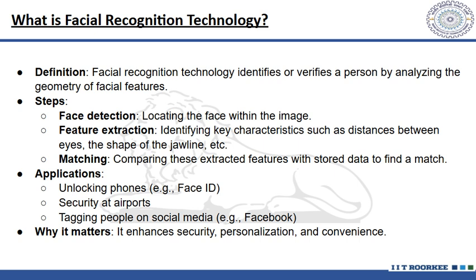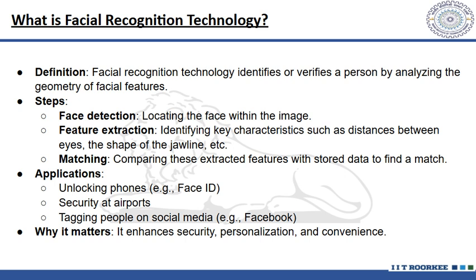Facial recognition technology identifies or verifies a person by analyzing the geometry of their facial features. The process includes, first, face detection, locating the face within the image. Second, feature extraction, identifying characteristics like the distance between the eyes or the shape of the jawline.